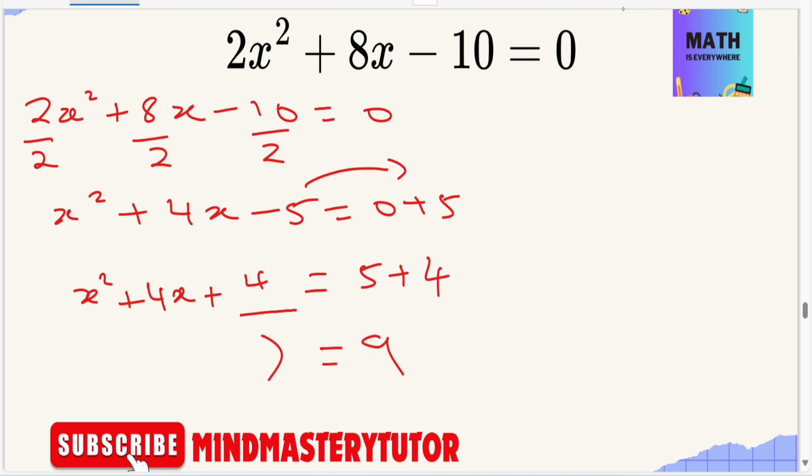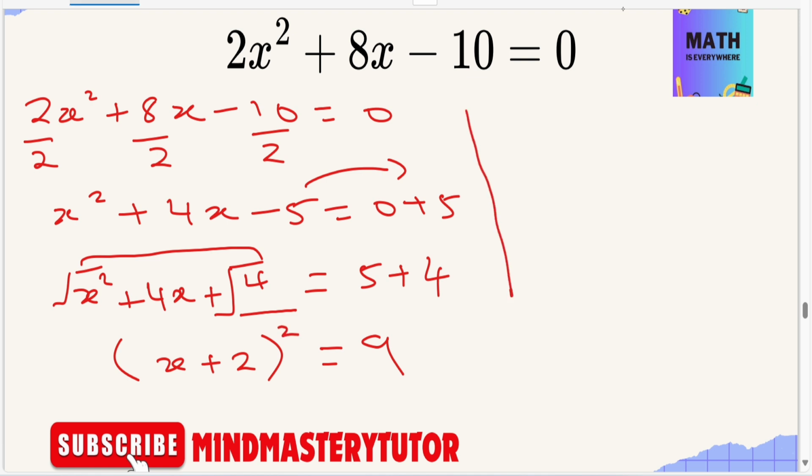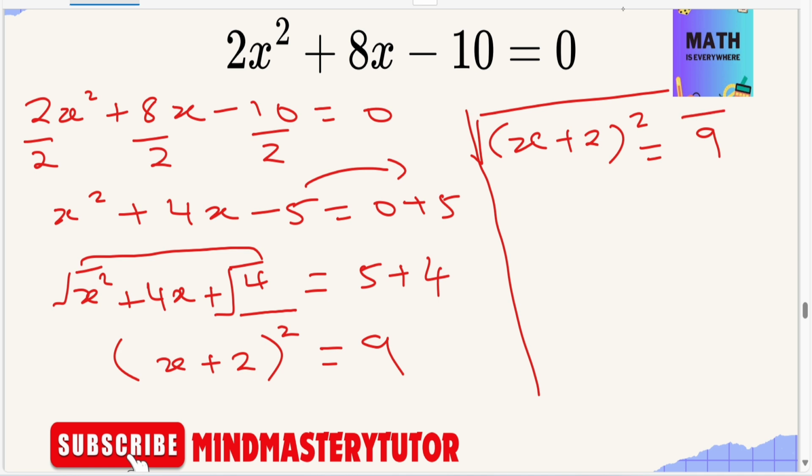And if you factorize this one, you just do the square root of x squared, square root of 4, and it gives you x plus 2, and then put that square. So you have something like this then, equal to 9. So let's remove the square root. x plus 2 equal to positive or minus root of 9, which is either positive or minus 3.